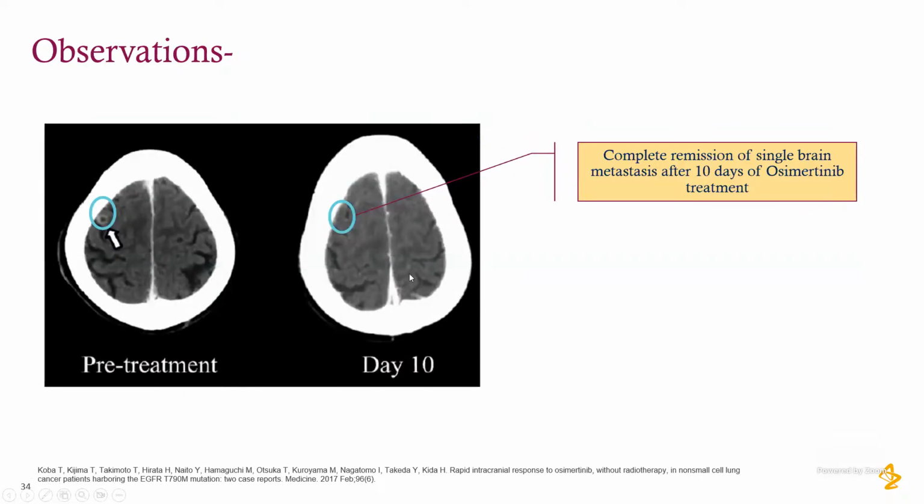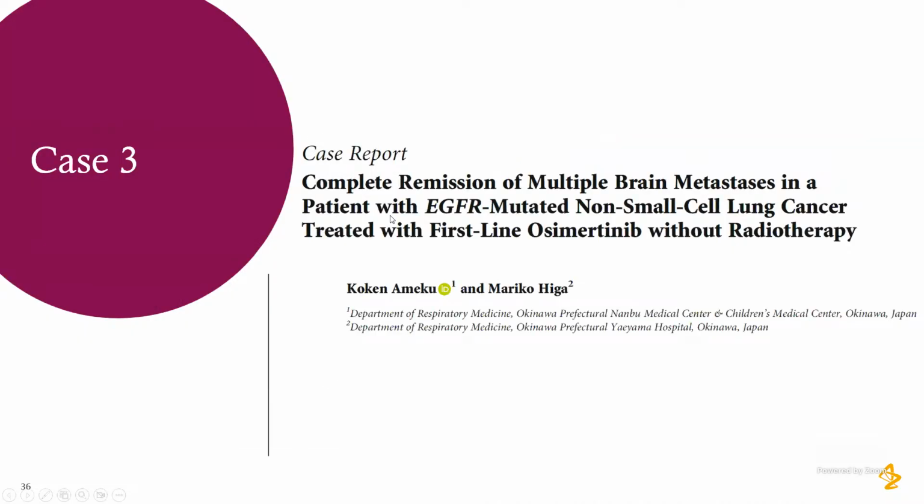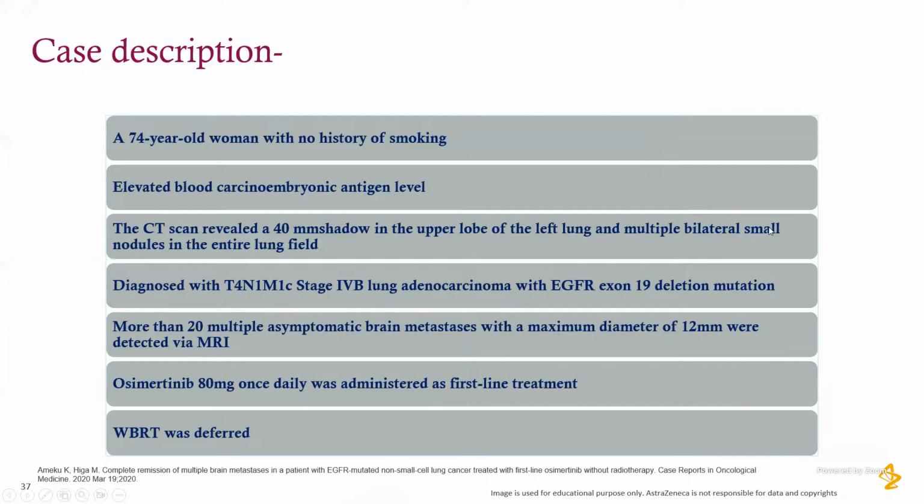This is the brain metastasis, decreased after 10 days of treatment, and shrinkage of the pleural effusion after 30 days. And this is the third case report of complete remission of multiple brain metastases after osimertinib without radiotherapy.